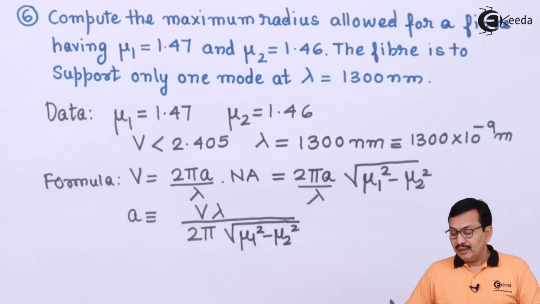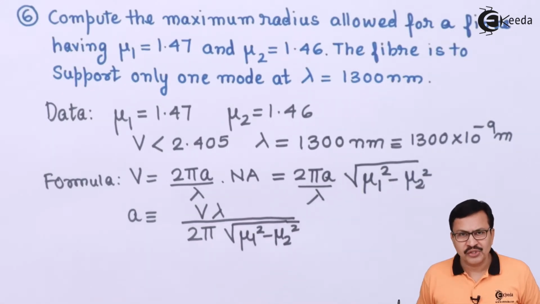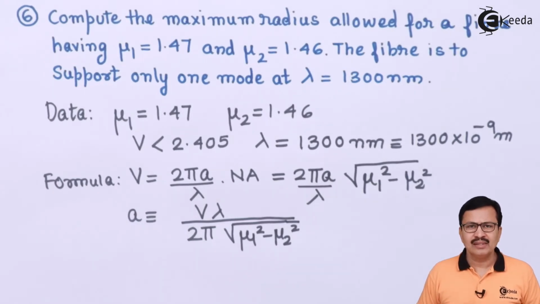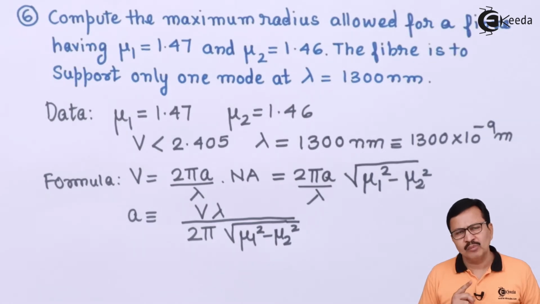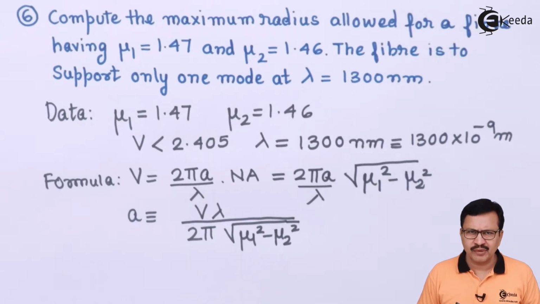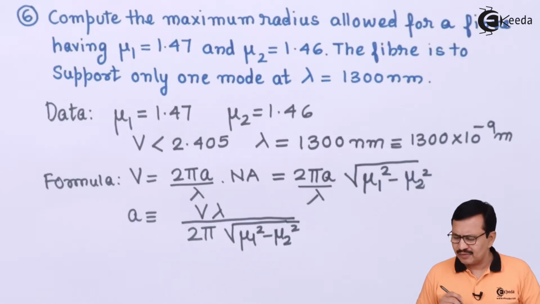There is one important suggestion which the problem has already given us: the data suggests that we require only a single mode, and therefore we can assume that the value of V is 2.405. So let us substitute V as 2.405 and go ahead with the calculations.